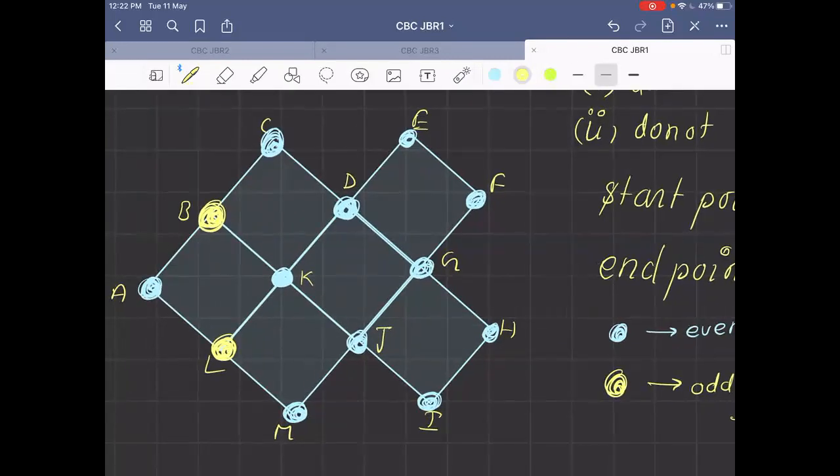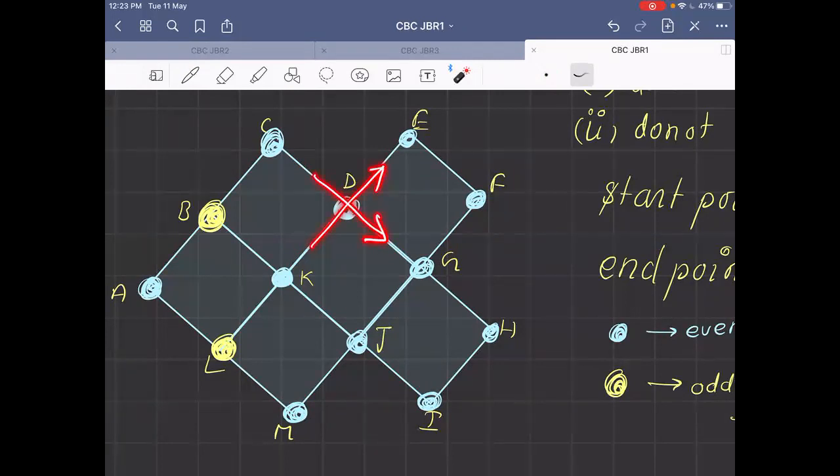So listen very carefully to this one. With an even number of lines, you can go inside the point and move away from it, which means they are the points through which you will travel. They are not the ending or starting points.